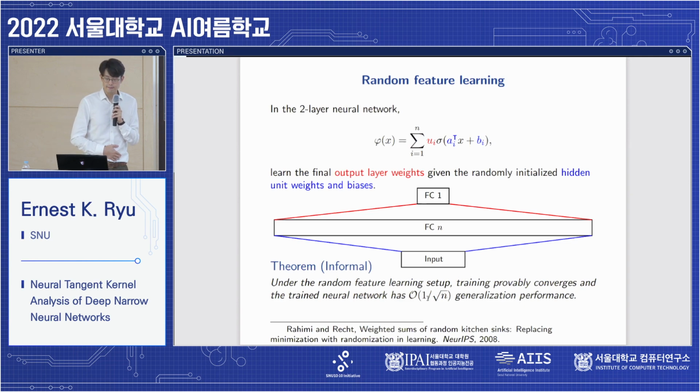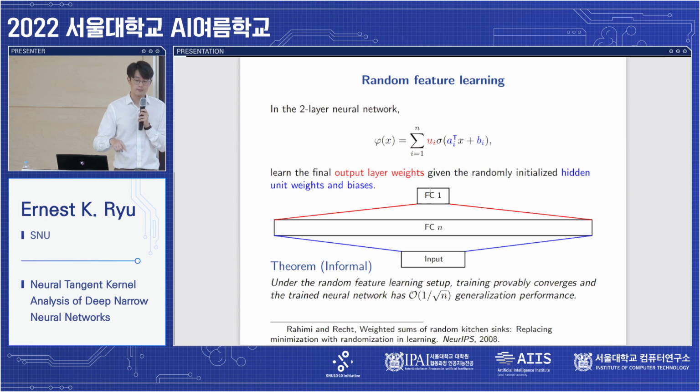And what's a little bit unsatisfactory when you actually implement this algorithm in, let's say, PyTorch or TensorFlow, is that you will set up a two-layer neural network, and you'll declare the weights of the first fully connected layer to be not trainable, and only the output layer weights to be trainable. You do that first, and then perform the training, and then look at the output.